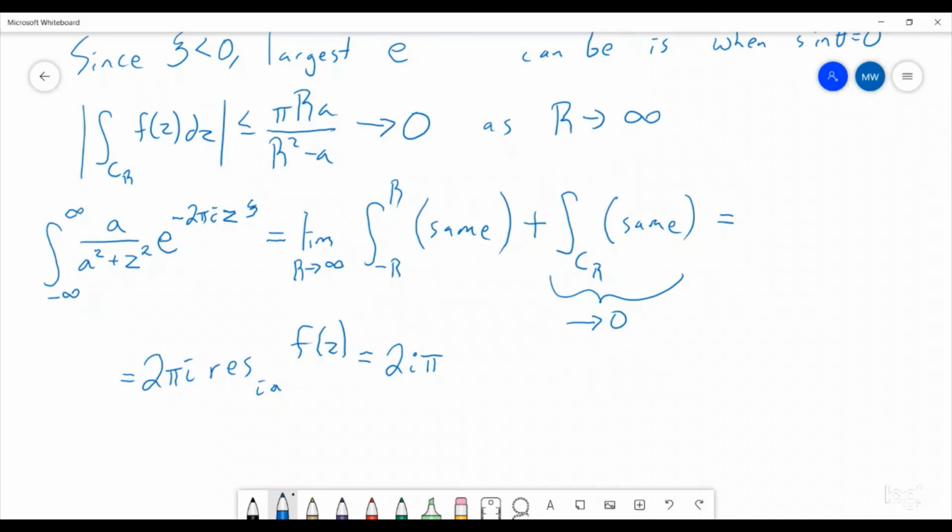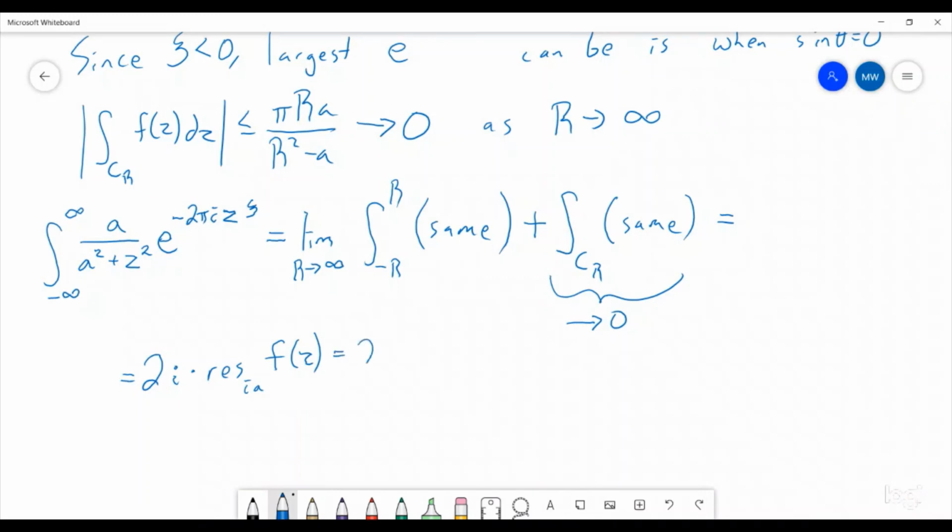It's because we dropped the pi on these terms, so we really have a 1 over pi everywhere. So the integral we got is just 2i times the residue at ia of f of z.